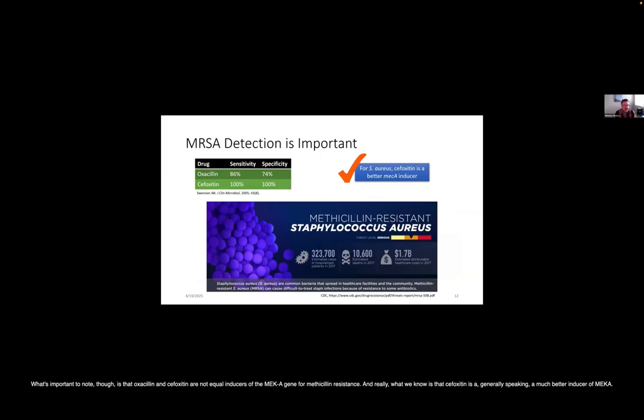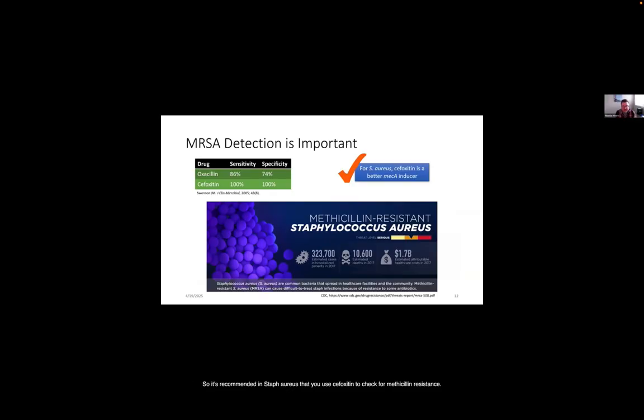What's important to note, though, is that oxacillin and cefoxitin are not equal inducers of the mecA gene for methicillin resistance, and really what we know is that cefoxitin is, generally speaking, a much better inducer of mecA.